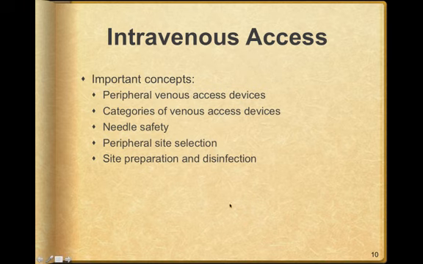I'm sorry, I forgot one here. Peripheral site selection. Be sure and choose a site that you can easily see. Some patients you can't easily see their veins, so be sure that you have an appropriate site before you start sticking your patient. And then the preparation and disinfection, be sure and clean off the area nicely. Again, this is a skill, and we'll discern this in psychomotor lab.